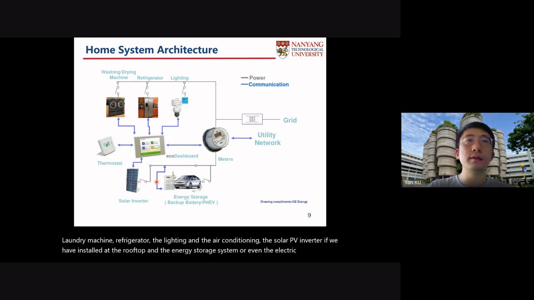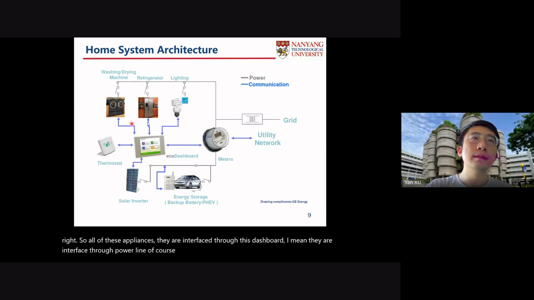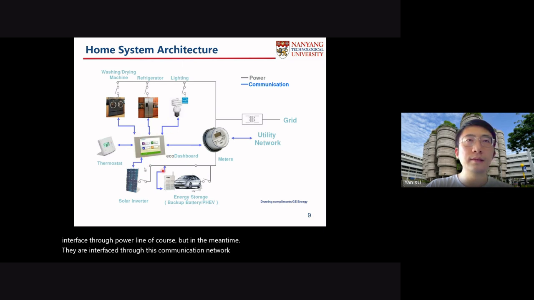All of these appliances are interfaced through this dashboard. They are interfaced through power lines, of course, but in the meantime, they are interfaced through this communication network, this AMI. And this internal communication network is called the home area network.